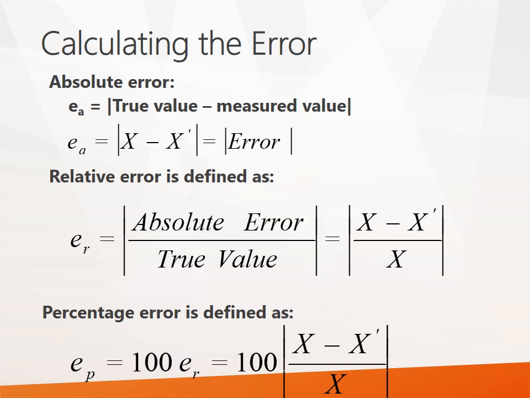Next we can calculate relative error. The relative error is the ratio of absolute error to true value. Then we can convert this value into a percentage by multiplying the relative error by 100.